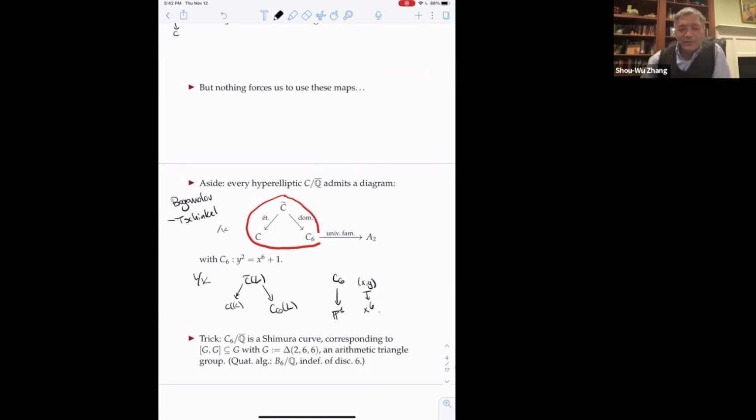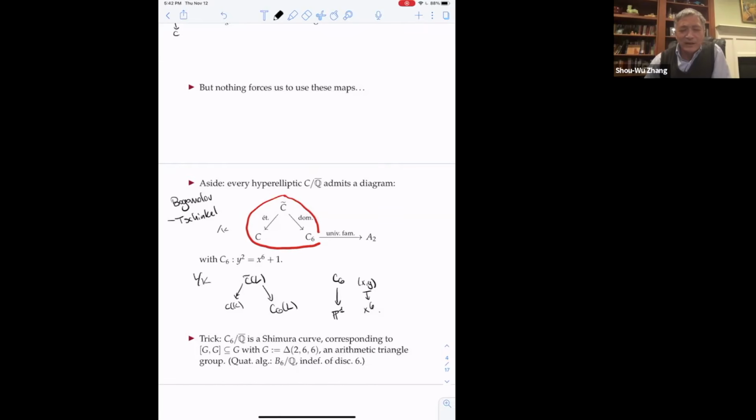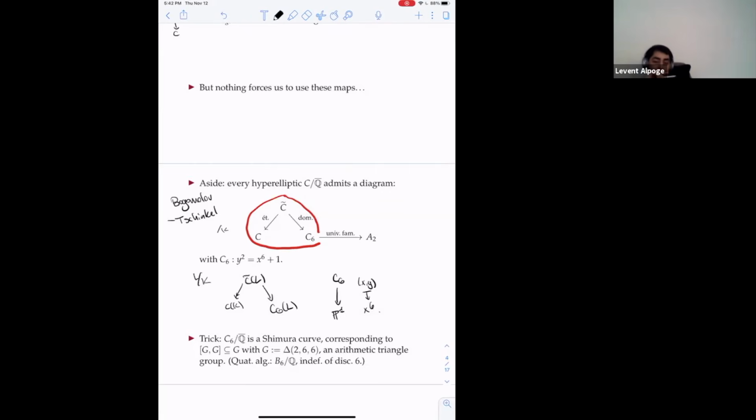Yeah, I'm a bit confused. So you ask, but C6 has only countably many covers, right? By Galois theory. But you have uncountably many C. Sorry? You have uncountably many C, if you work over the complex numbers. Yeah, there are uncountably many C. That's true.